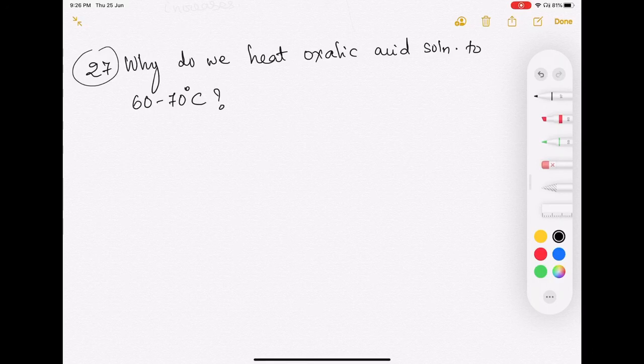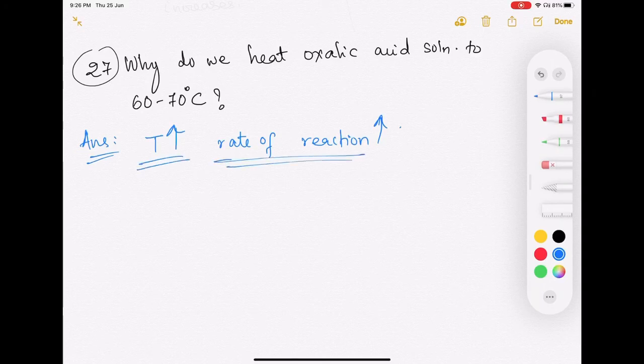We know that the rate of a reaction increases when temperature increases. Whenever you are applying more heat, the molecules gain enough kinetic energy and they take part in the reaction. So when you are increasing the temperature, your rate of the reaction increases.